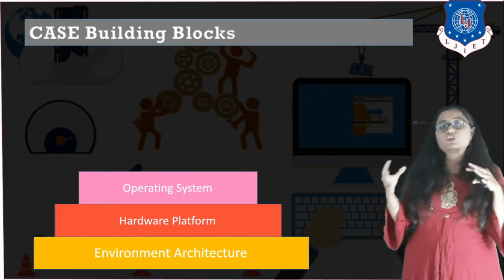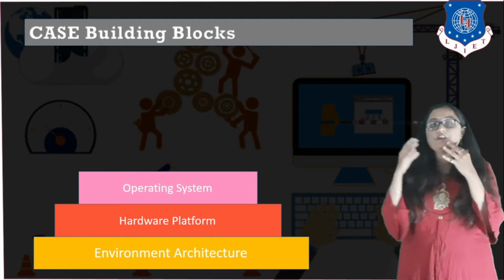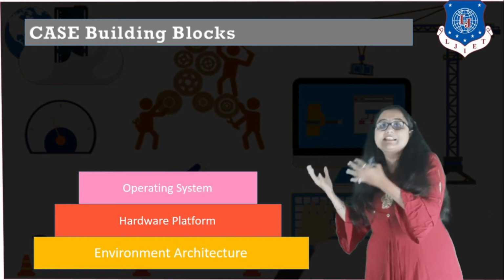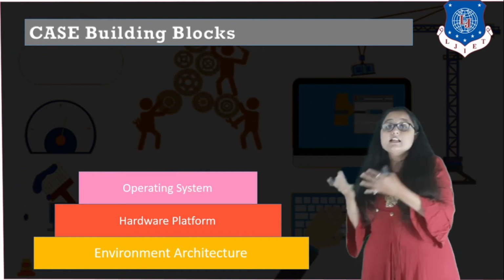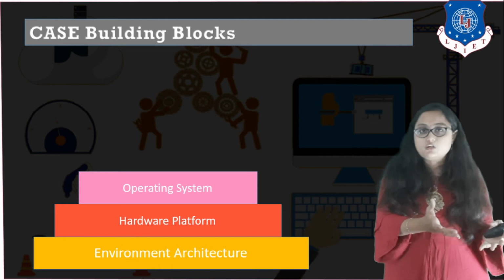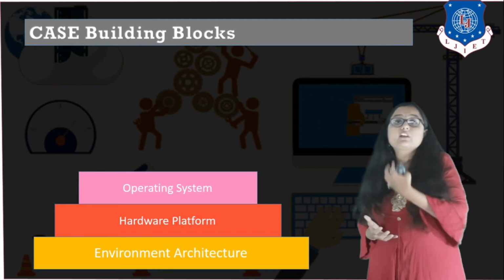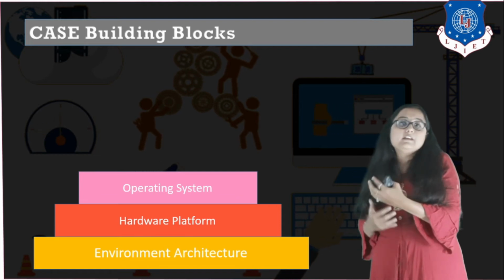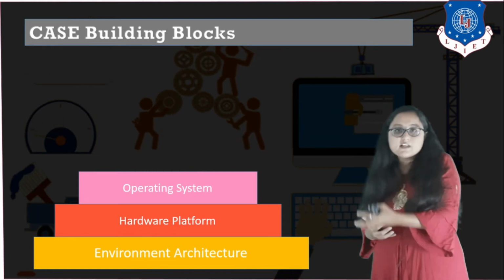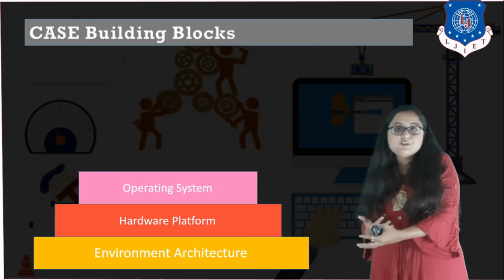So if they want to communicate with each other, for example, one of the tools is for testing, so you are automating the testing. The second tool is for process model, so you are developing a process model using the CASE tool. The next tool is for risk analysis, so you are developing a risk table, identifying the risk, prioritizing the risk automatically using the CASE tool.